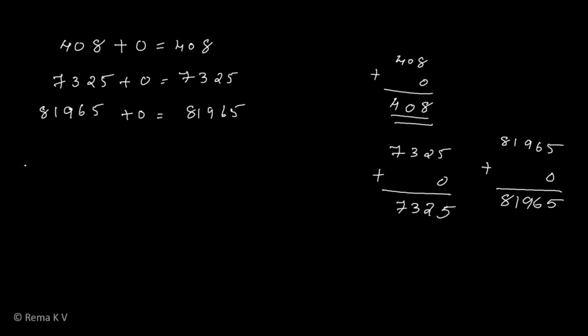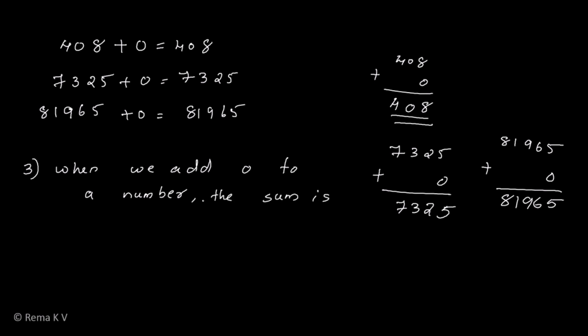So the third property is when we add 0 to a number, the sum is the number itself.